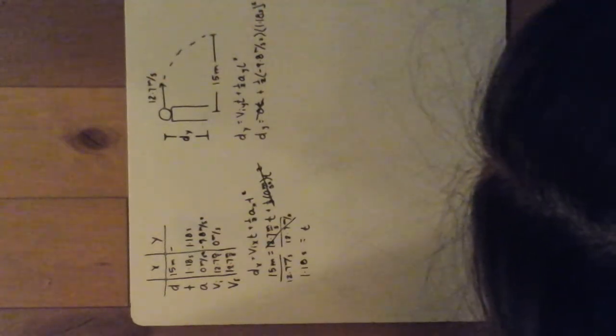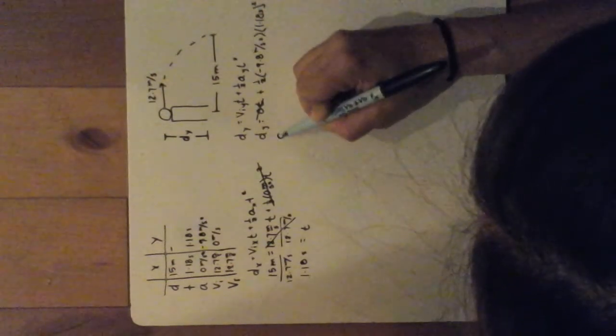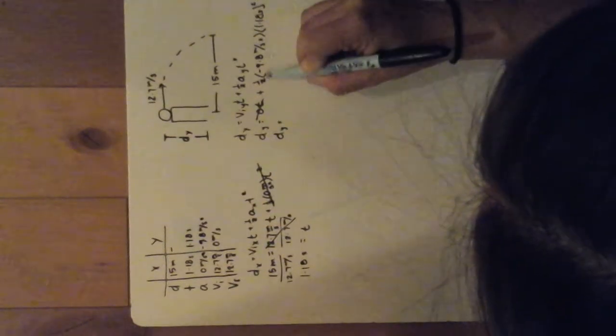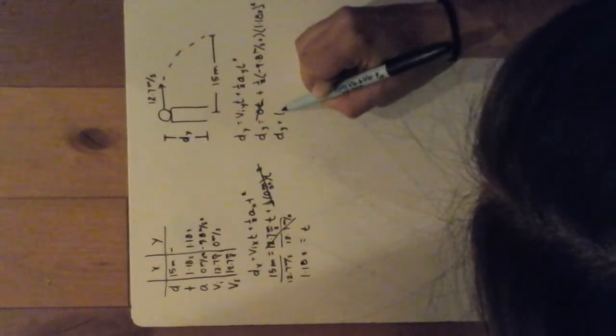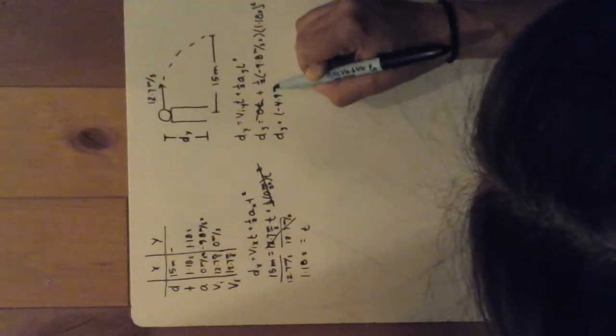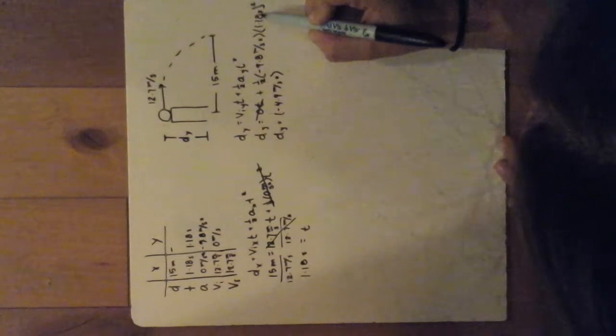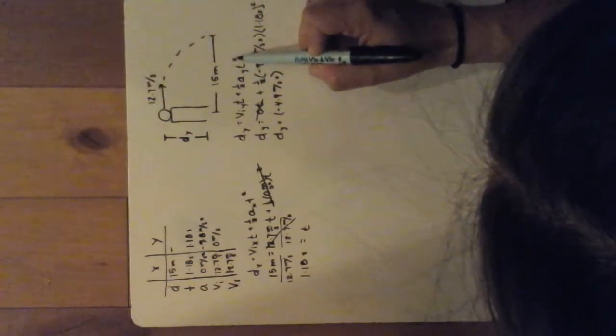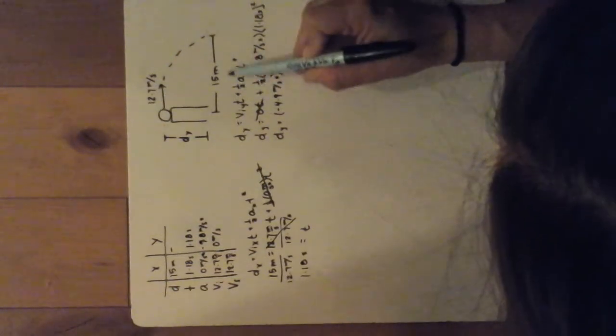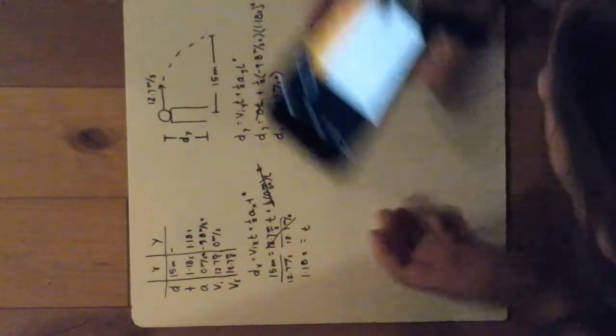To simplify this, dy equals 1/2 of negative 9.8, which is negative 4.9 meters per second squared. And then I'm only squaring the time. This squared right here doesn't square the whole 1/2, only the time.